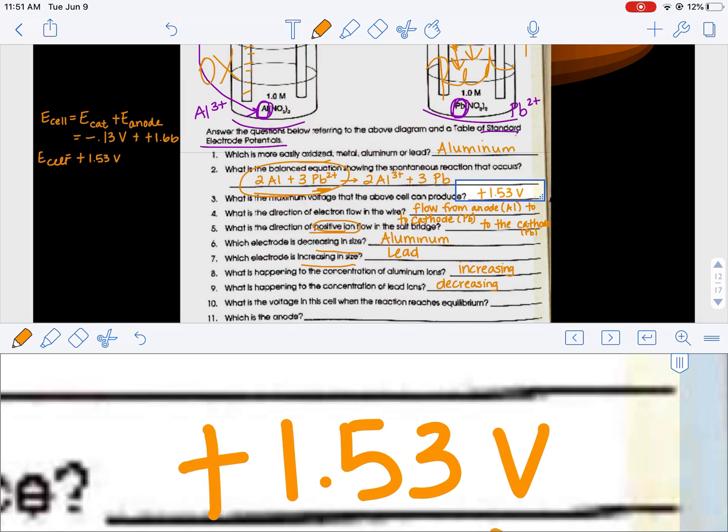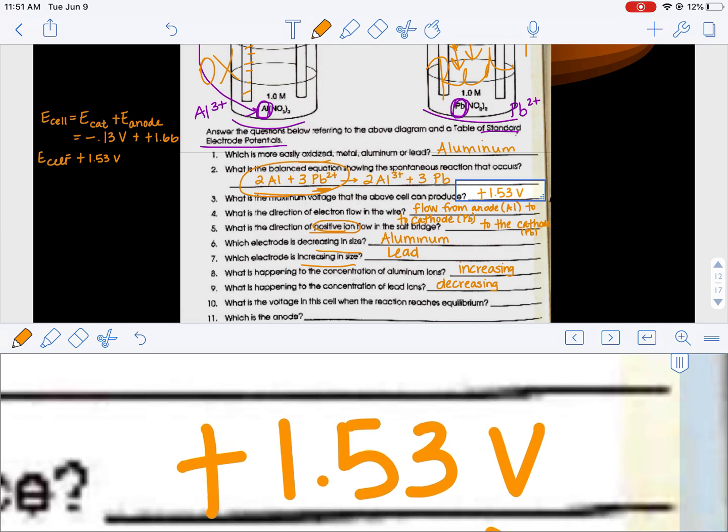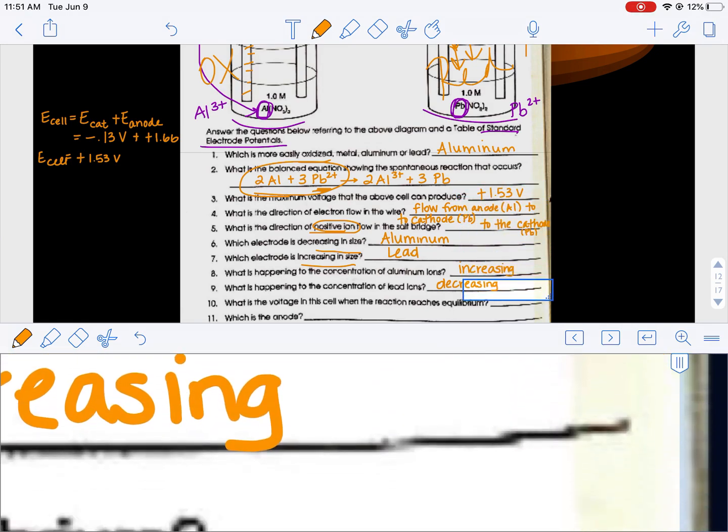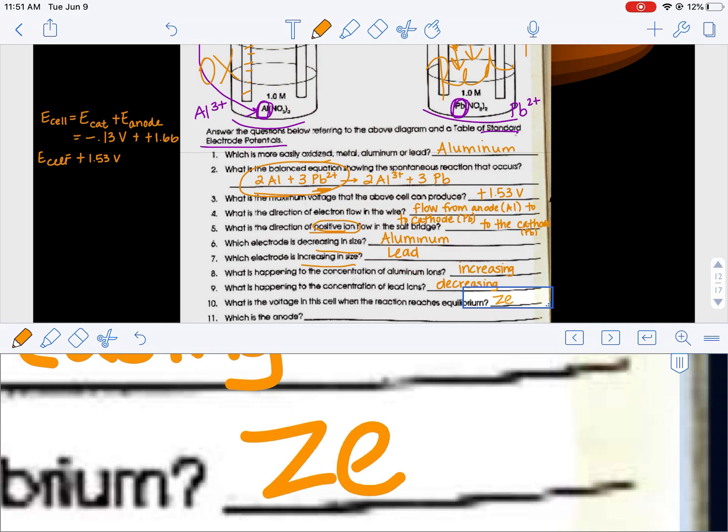That's going to be maximum. And what do we suppose will happen when the reaction reaches equilibrium? Well, this number is slowly going to start to go down, down, down, until it reaches the state of 0. When your voltage is 0, it means that your redox reaction no longer has electrons to lose and electrons to gain.